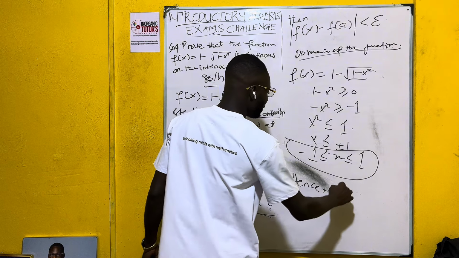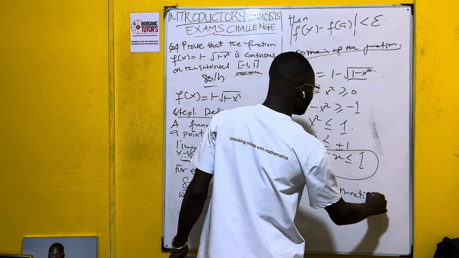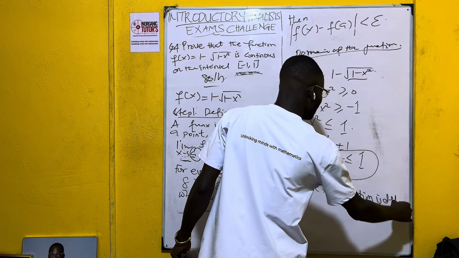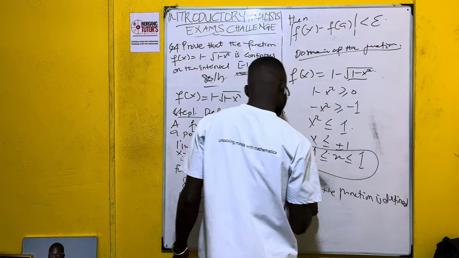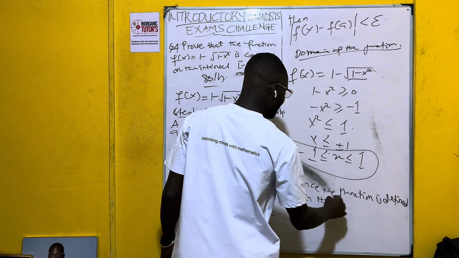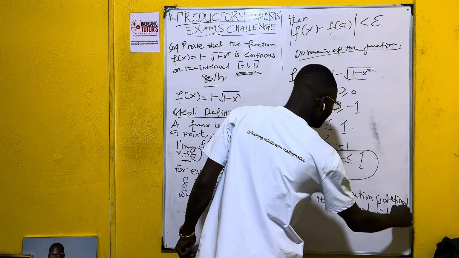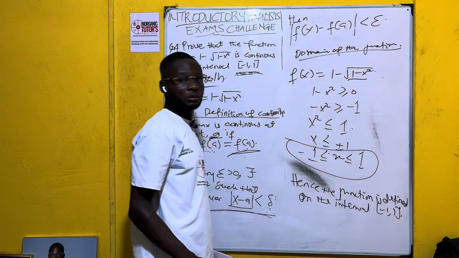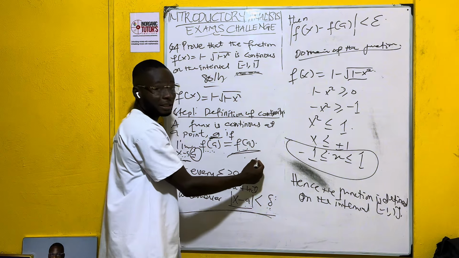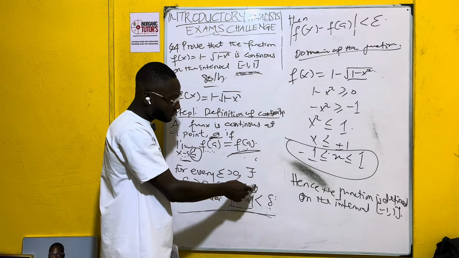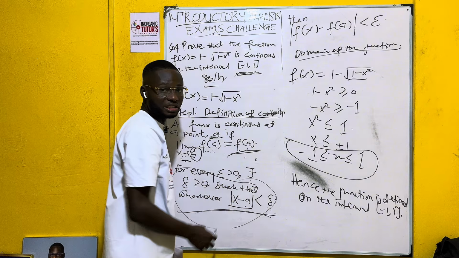Hence, the function is defined on the closed interval -1 and 1. So this is the first part of the definition. Now we have to go to the epsilon delta definition as well.